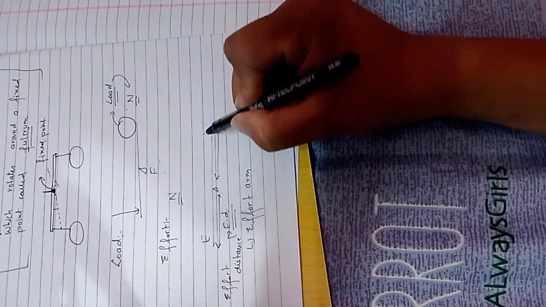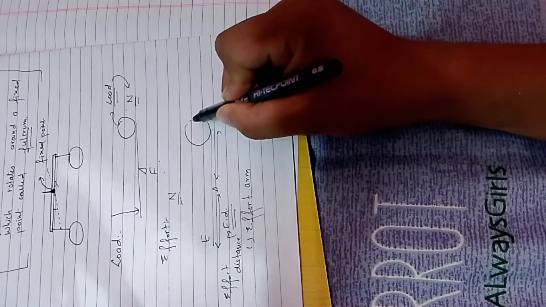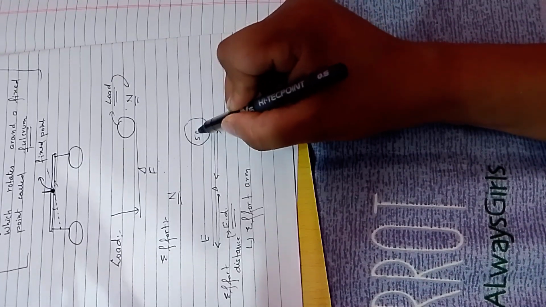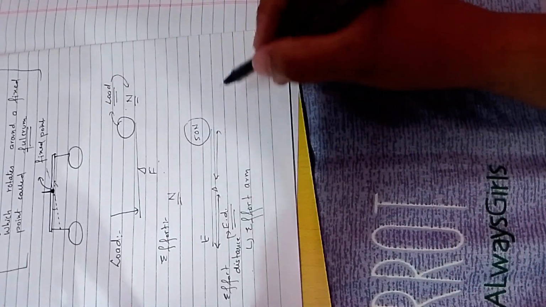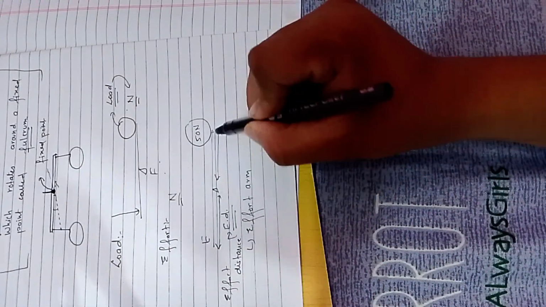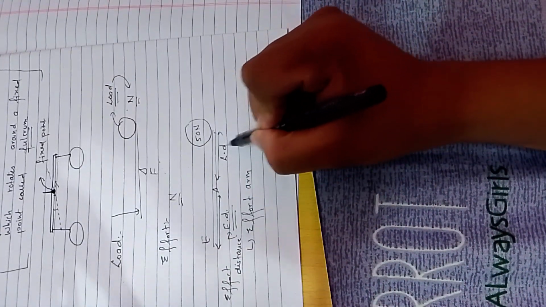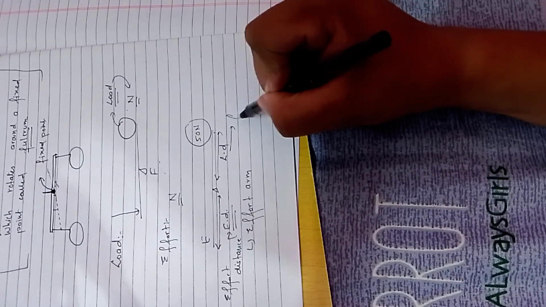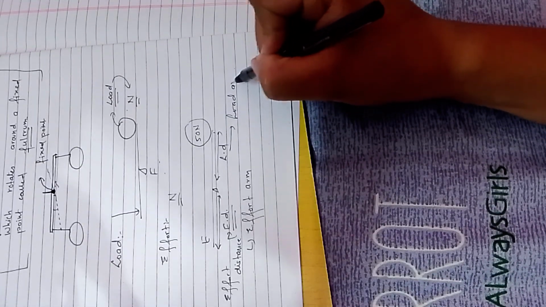Let's go to the next one. We've got load over here, let's say around 50 Newton, which is almost 5 kg. The distance from the fulcrum to the load is known as load distance, or it is also known as load arm.